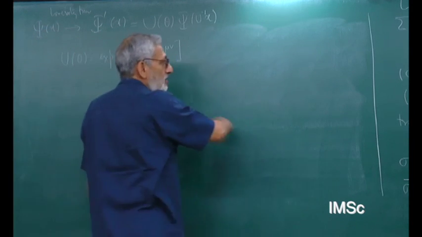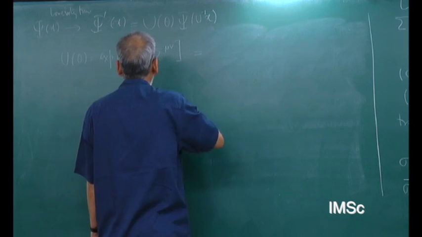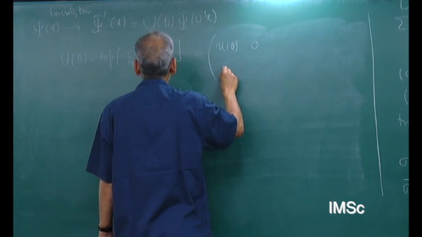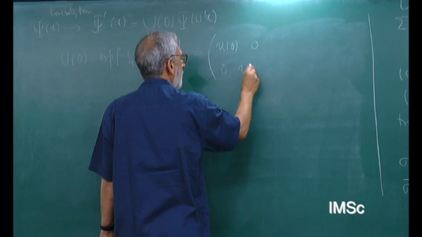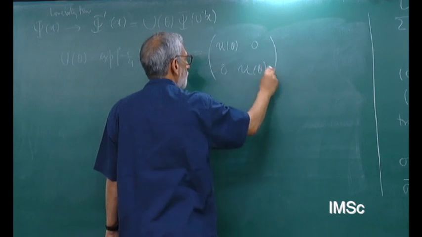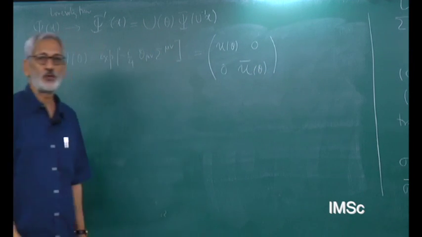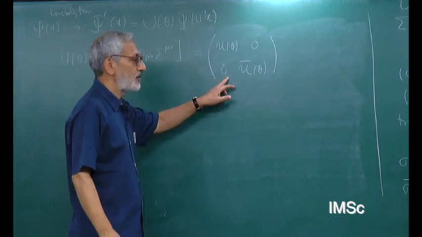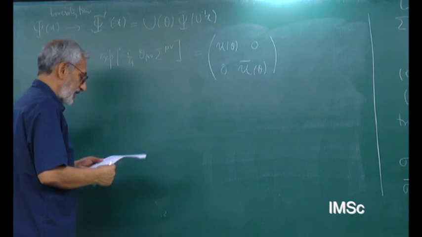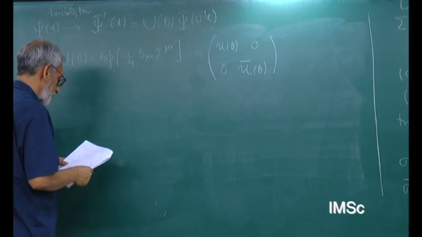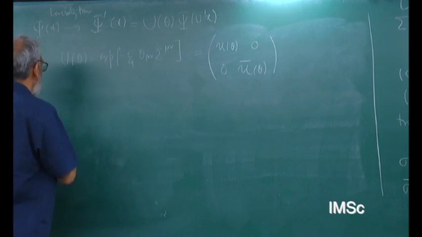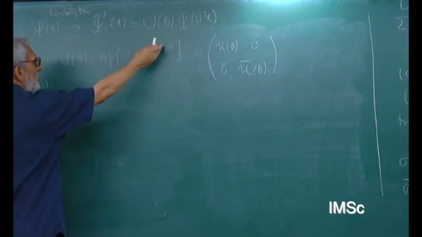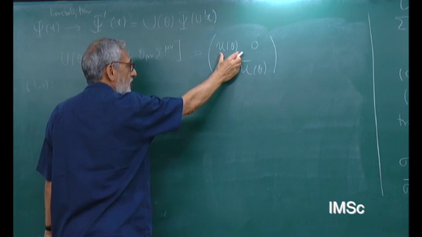And when I write these sigmas in block diagonal form, this breaks up into a block diagonal form, small u of theta, 0, 0, u bar of theta. Like we said, the first two components transform according to this law.